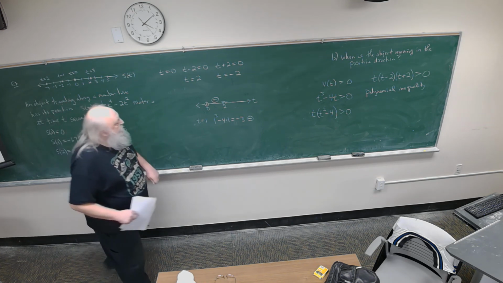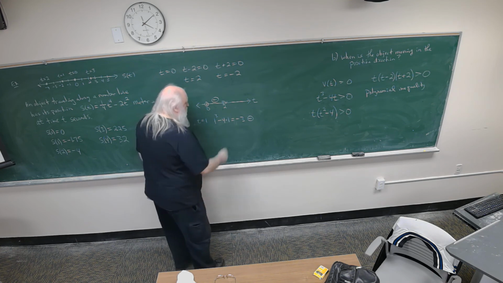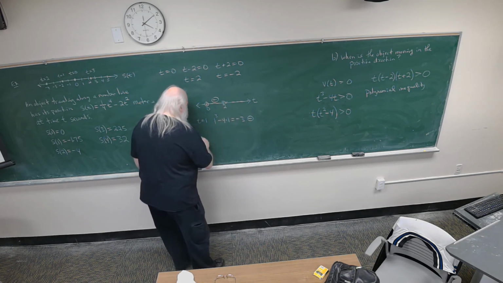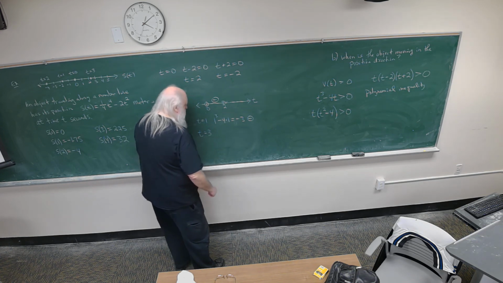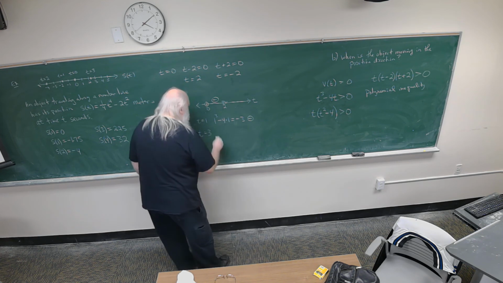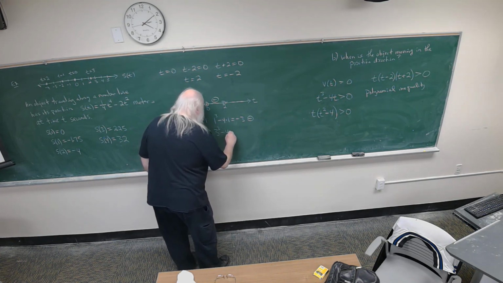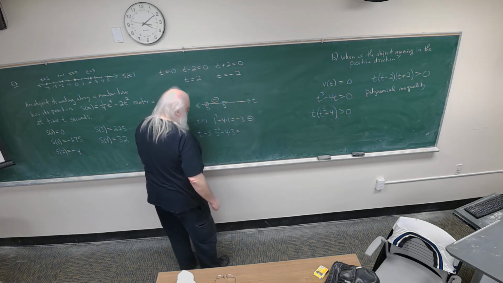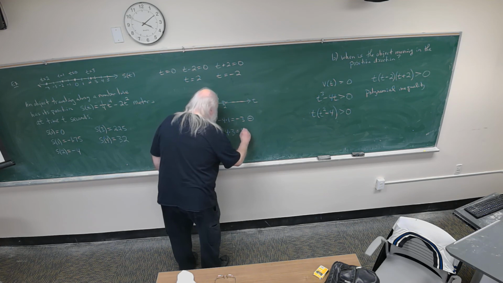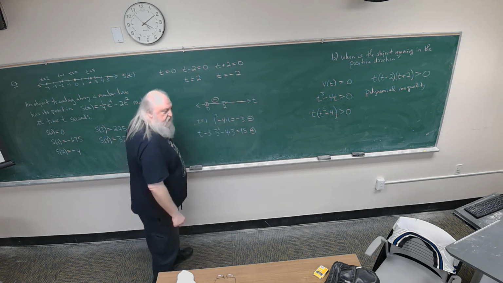Okay? Now this second interval, for t greater than 2, 3 is greater than 2. So when I test t equals 3 and put it in here on the left-hand side, I have 3 cubed minus 4 times 3, which is equal to 27 minus 12, which is what, 15? 15 is a positive number.